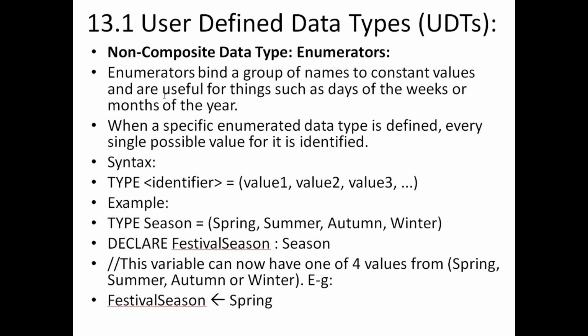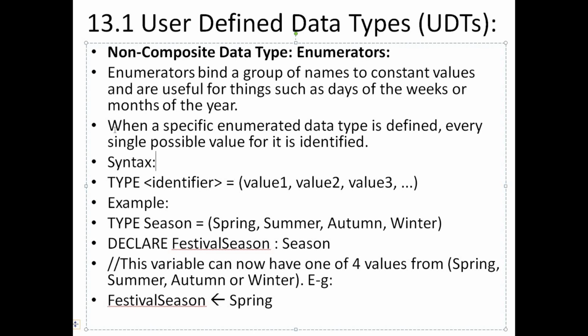Instead of making month a string, because in a string you cannot restrict it, the user can type in anything from January to December, or anything else as well. But if you make an enumerator data type, then the person would be forced to only choose or type in from January to December only. Now how can you do that?